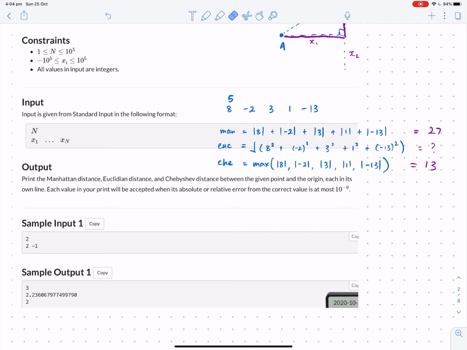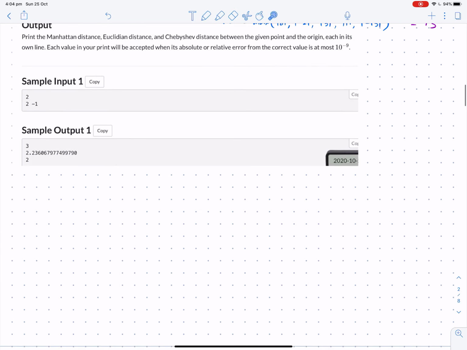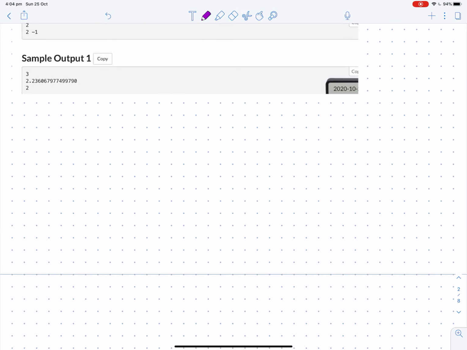So I've shown you what the input could look like and what our calculations would look like. But it was possible for me to write out these calculations because I know exactly what I'm dealing with, whereas our program has to deal with any value of n. So this is what the program could look like.